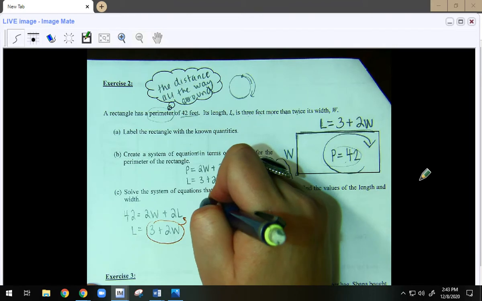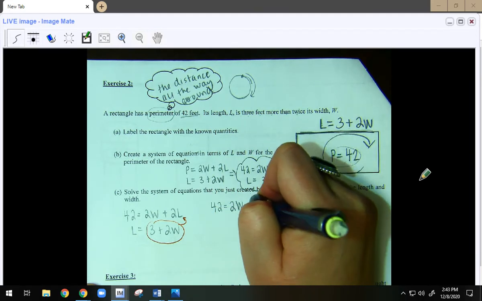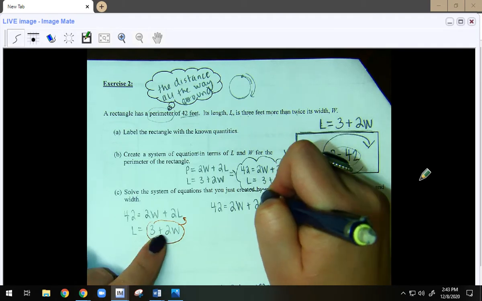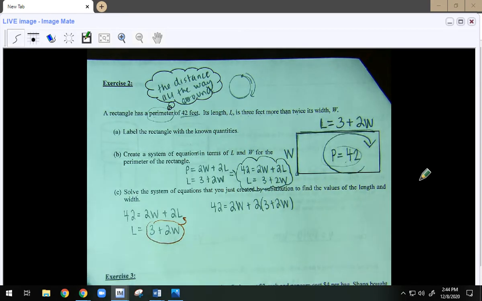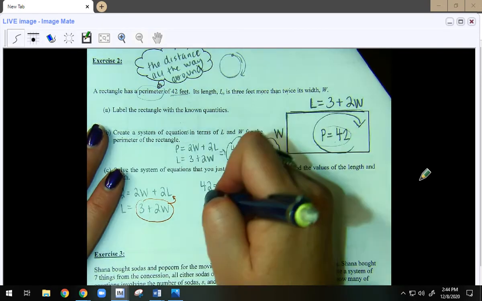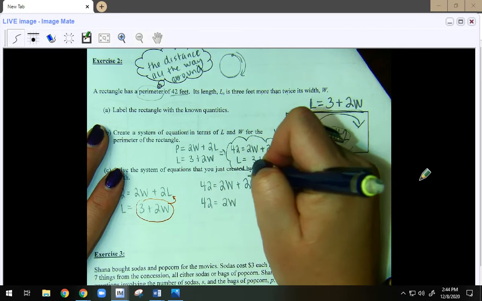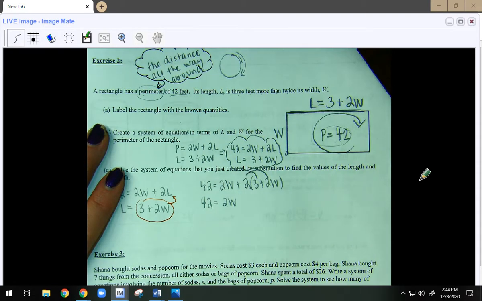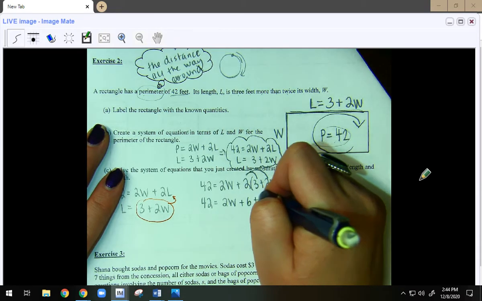So you're left with 42 equals 2w plus 2 times (3 plus 2w). And now you just get to simplify this out and solve. 42 equals 2w. I'm going to distribute that 2. So plus 6 plus 4w.